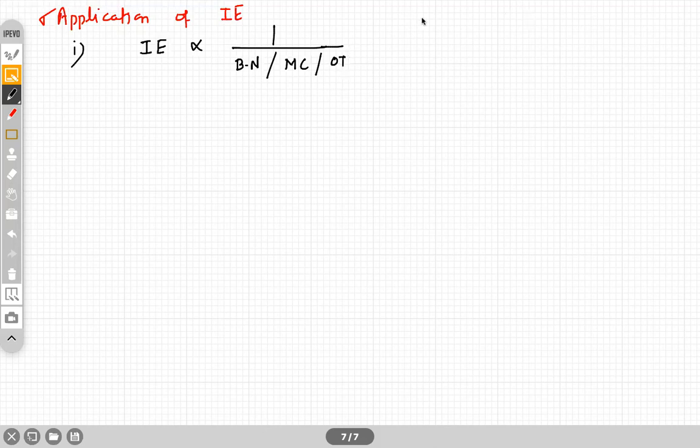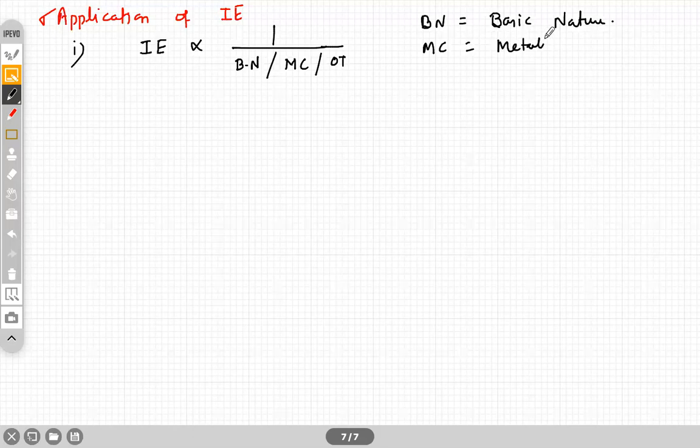Okay, I'll write down here. BN stands for the basic nature, right? MN stands for metallic nature, and OT stands for oxidizing tendency.